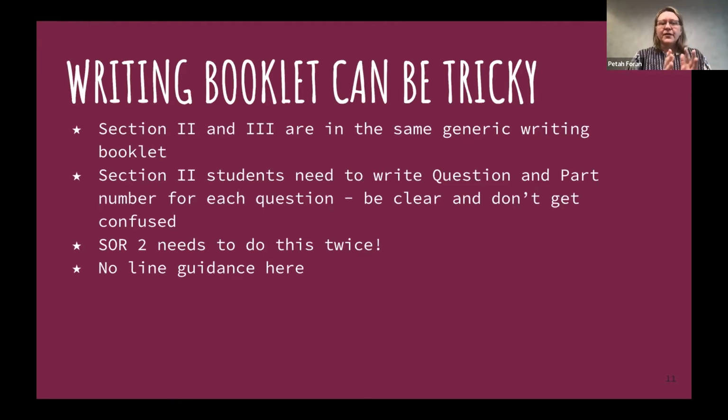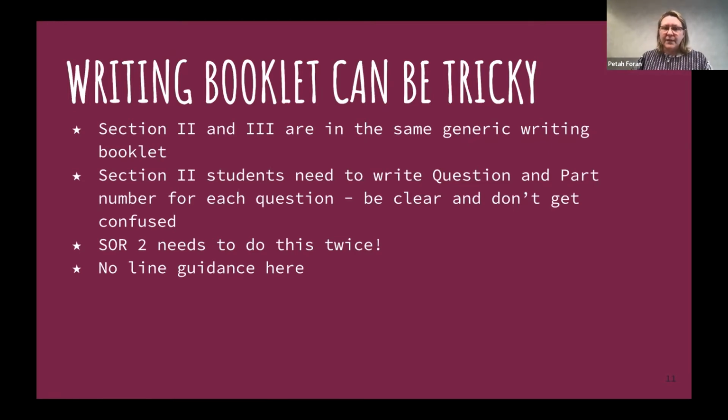So you need to be very clear, under pressure, of course, in your exam, where you are at in your writing booklet. For 2-unit students, you've got to negotiate 2 lots of section 2 before you get to the section 3 paper. So knowing where you are is really important in your writing booklet.